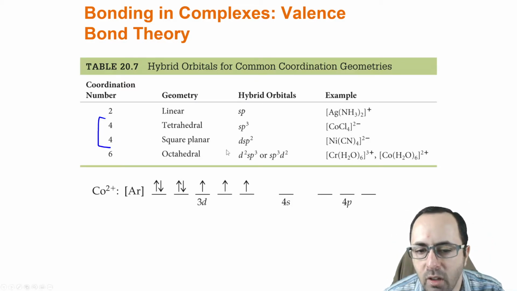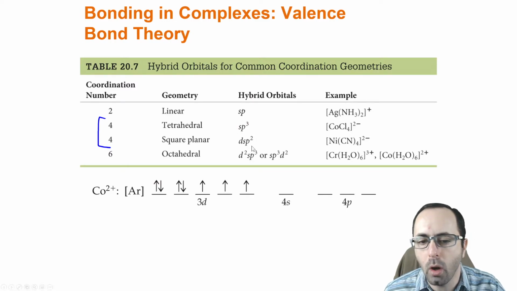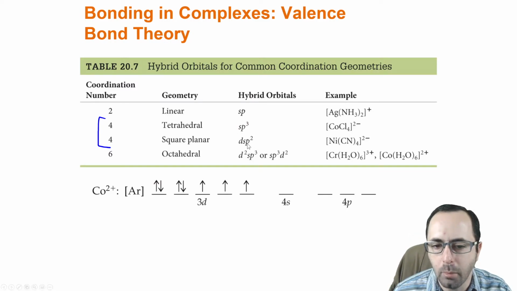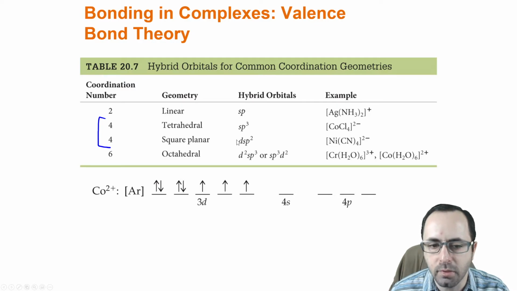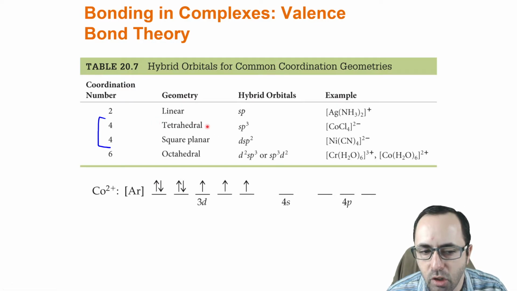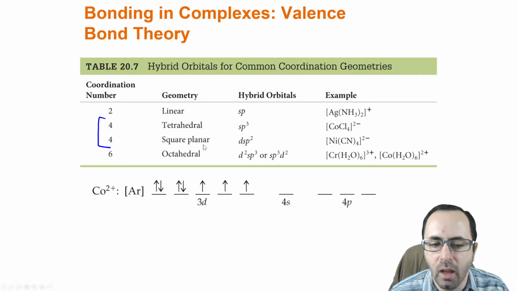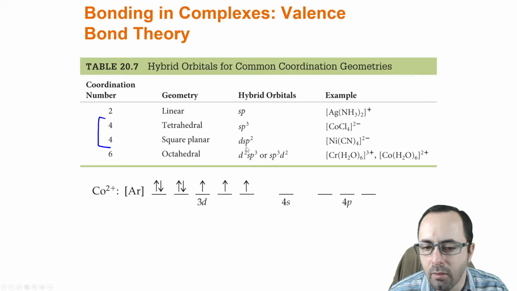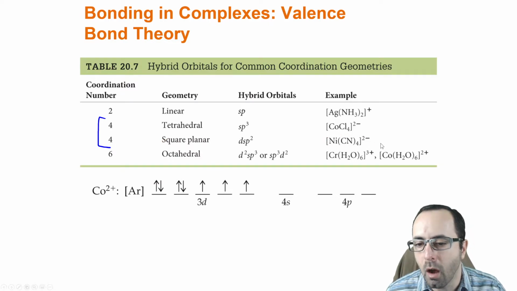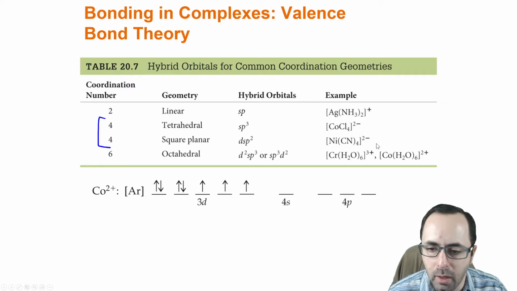If the hybridization is sp3, using 1 s orbital and 3 p orbitals hybridized to produce 4 bonding orbitals, you'll have a tetrahedral geometry. However, if the hybridization involves 1 d orbital, 1 s orbital, and 2 p orbitals, referred to as dsp2, that will result in a square planar geometry. This happens to be an example of a compound that will do this. I'll explain why in a moment.